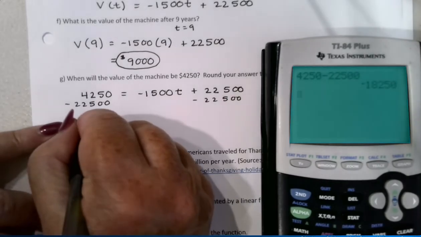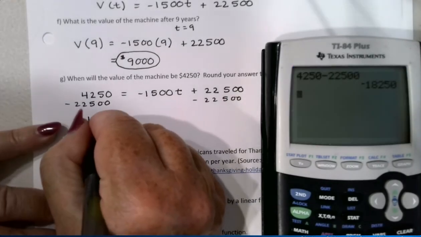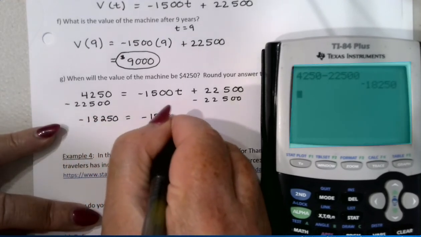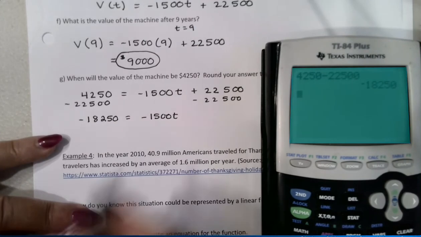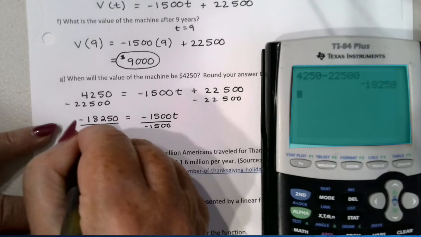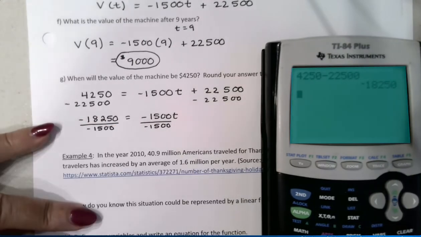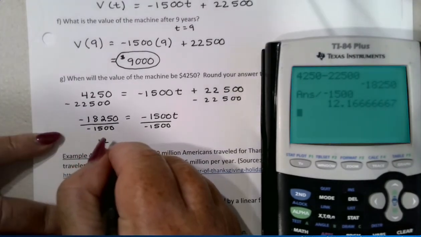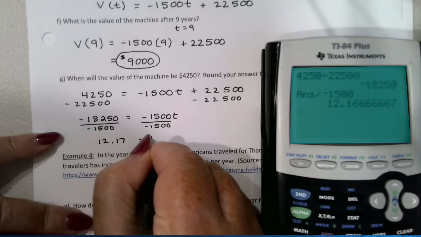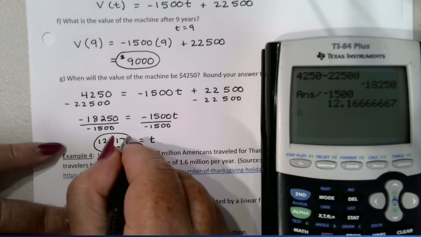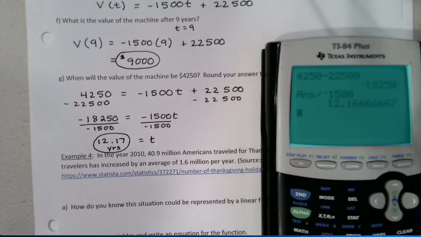That gives me negative 18,250 equals negative 1,500t. And then we'll divide both sides by the negative 1,500. So about 12.17. And that would be in years, a little bit more than 12 years for the value to be reduced to 4,250.